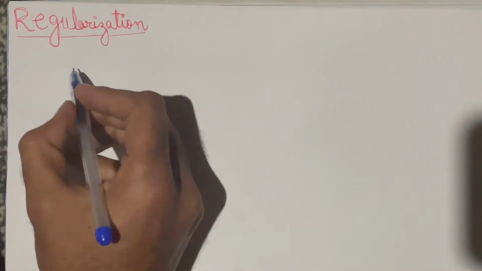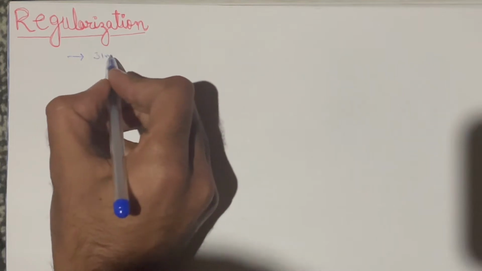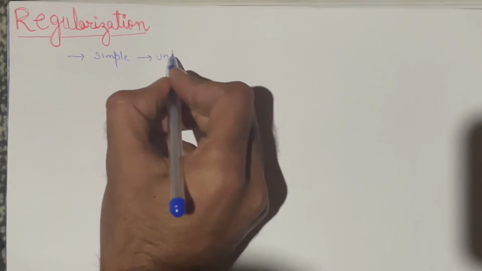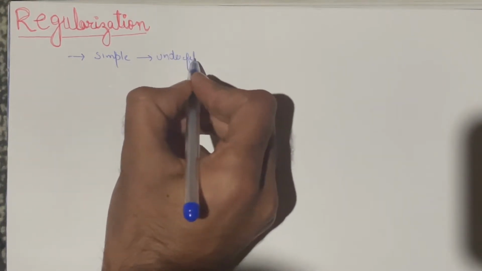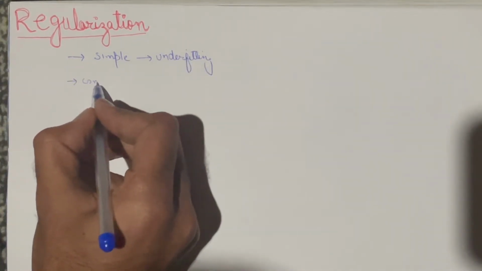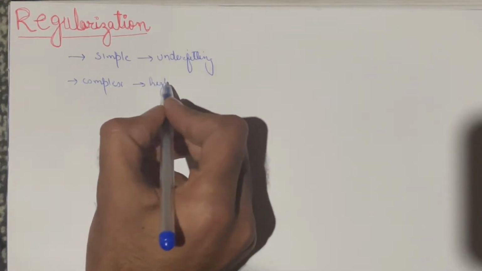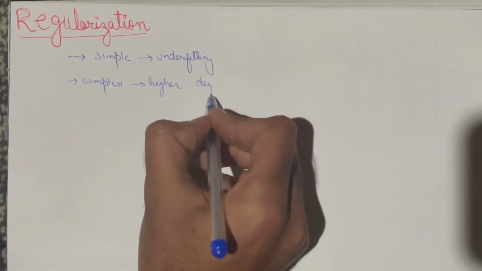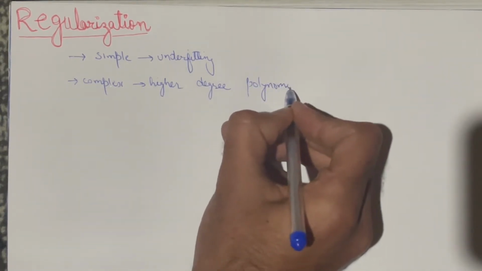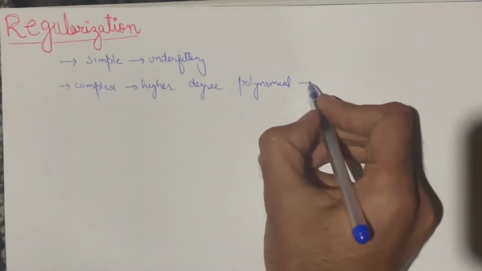In our last lecture, we said that if we have a simple model, this simple model results in underfitting. And if we have a complex model, or we can say a higher degree polynomial, it performs well, but it has the issue of overfitting.